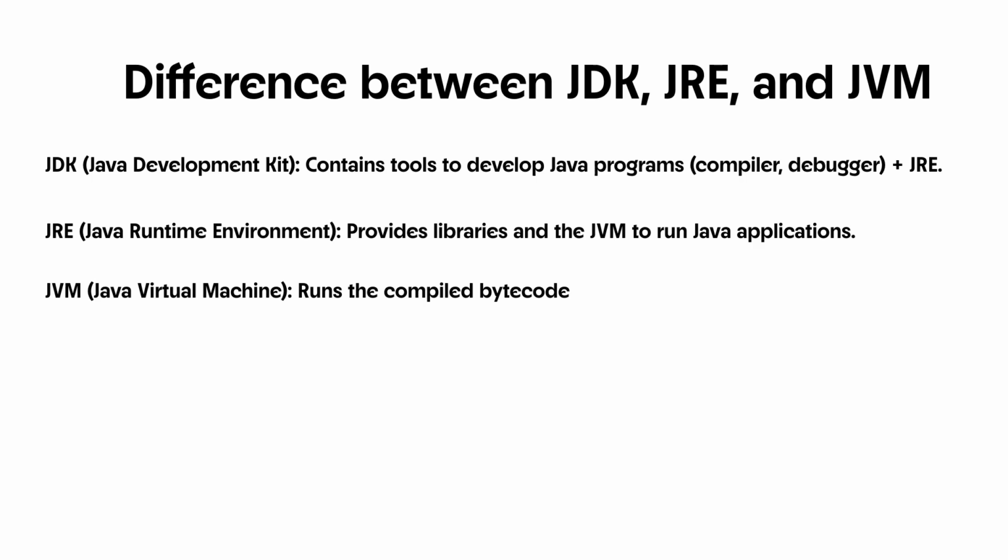The JRE provides everything needed to run Java programs, including the libraries and the JVM, but doesn't have development tools. Finally, the JVM is the part that actually runs the compiled Java bytecode, turning it into machine code that your computer understands. So, you use the JDK to write Java code, the JRE to run Java applications, and the JVM is the engine that makes it all work on any system.